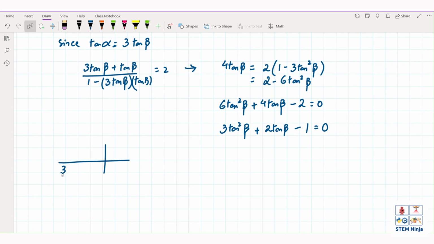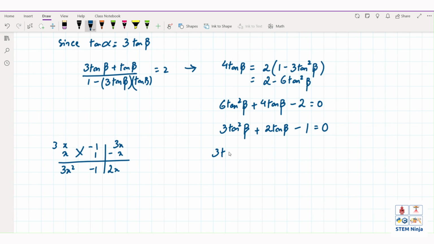So 3x squared plus 2x minus 1. 3 is a prime number, 1 is also a prime number. So 3x and x, yes, it can give us 2x if we keep this one negative.